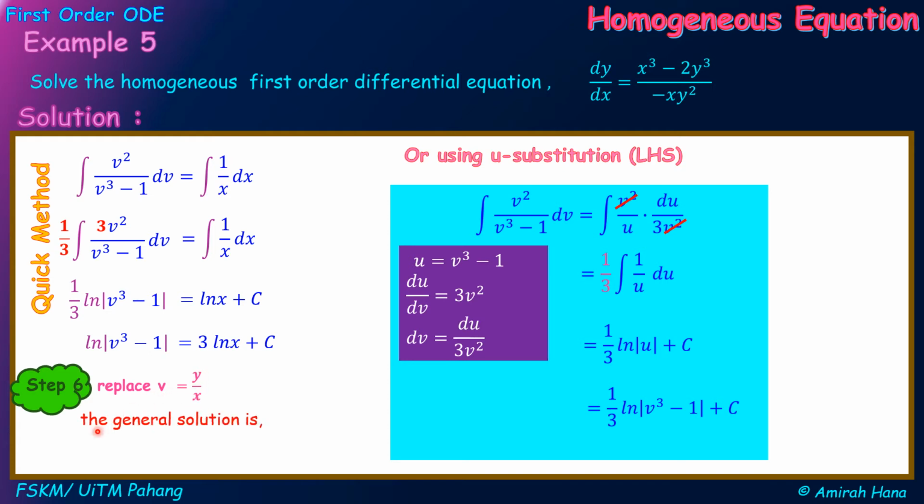So the general solution is ln |(y over x) cubed minus 1| equals 3 ln x plus c. This is the general solution. We don't need to find the value of c because the initial condition is not given in this question. So this is the final answer. Got it?